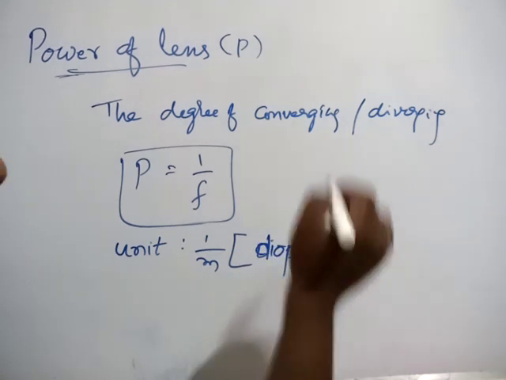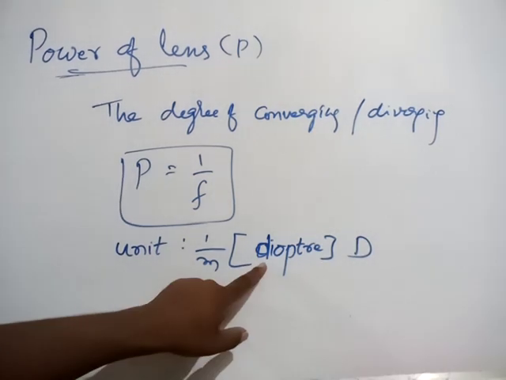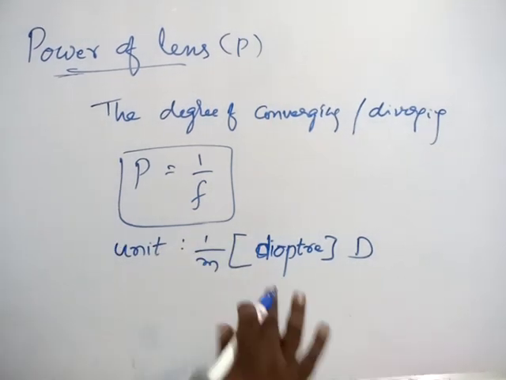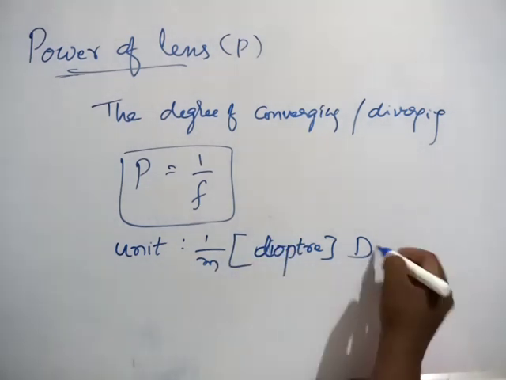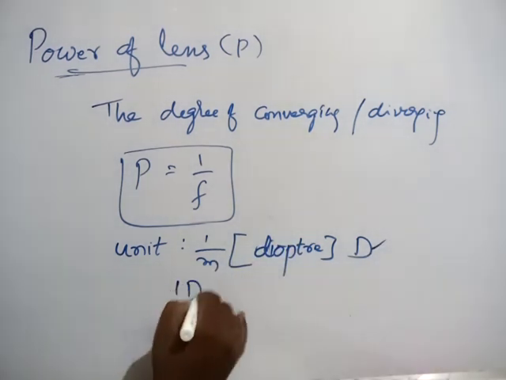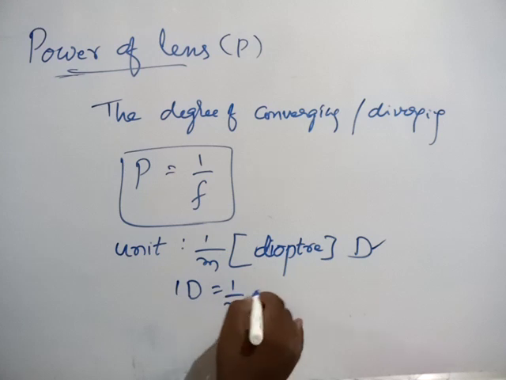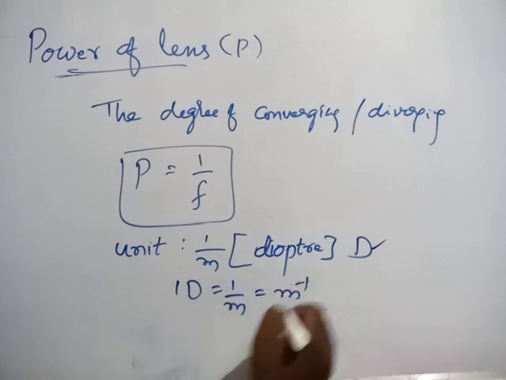Otherwise, simply write D. If you want to write in full, small letters only, diopter. Otherwise, a single capital letter D is also enough. So 1 D is equal to 1 by meter. 1 by meter we can write as meter inverse.